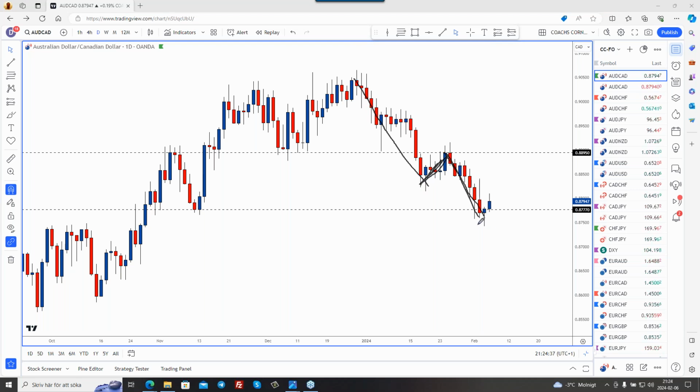So what price could do from here is either correct up into a level of resistance for further downside. The trend will be down on the daily chart until, if price is heading up from here, let's just say that we hit something super strong.